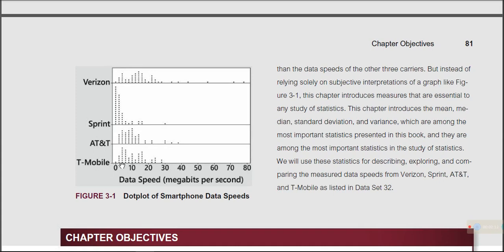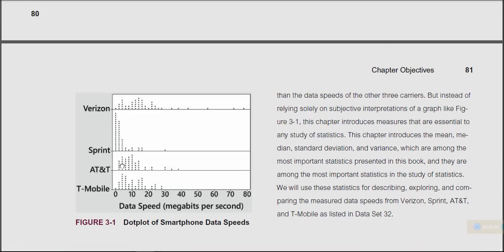Its peak is about 5 Mbps, and most of the data points are from 0 to 10, so it's rather low. AT&T is between around 2 to 12. And for Sprint, its speed is very low, maybe just 0 to 5 Mbps.